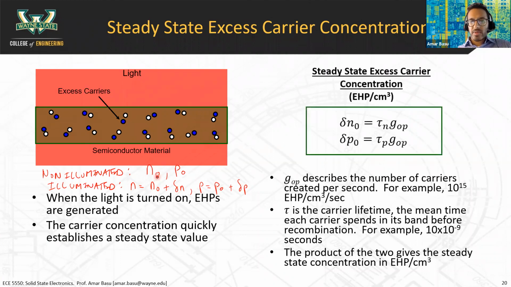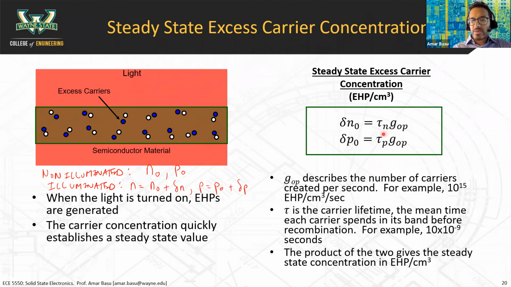Now, I'm just going to give you a formula. If the light source happens to be fixed in time, if it's steady state, then this equation gives the steady state excess carrier concentration. The delta n we're talking about here, it says delta n 0 here, but it's the same as delta n. So delta n is equal to tau sub n times G_OP.